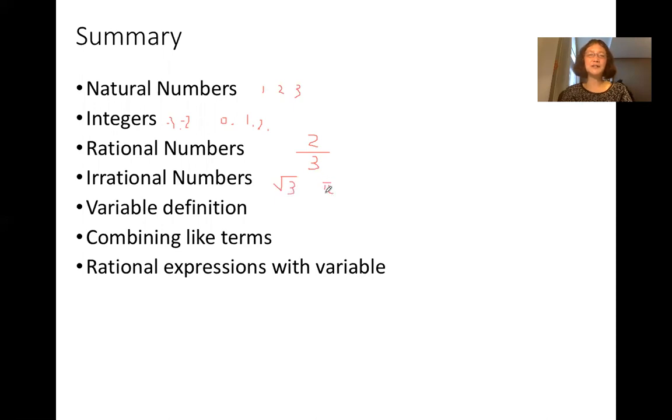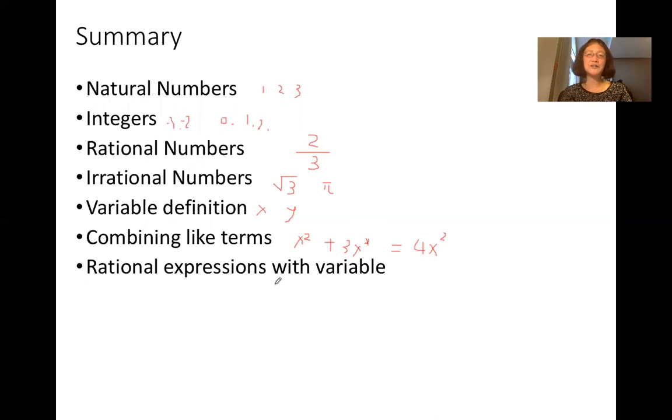And variable definition, you can use a variable to represent anything you want. Combine like terms. So x squared plus 3x squared, combine them into 4x squared.